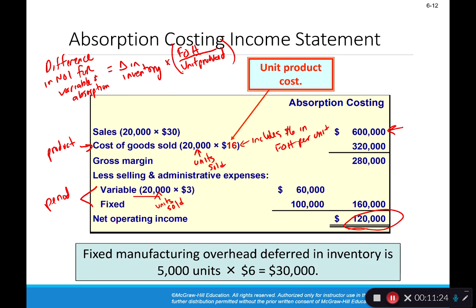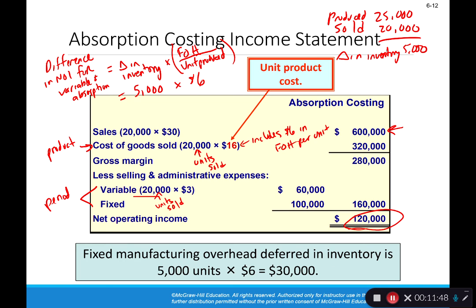So we know that the change in inventory, because we produced, if you go back several slides, we produced 25 and then we sold only 20. So the change in inventory would be 5. And then we know our fixed overhead per unit produced was 6, and that's where you get that difference of 30,000.